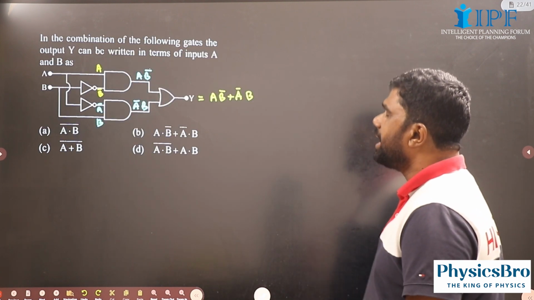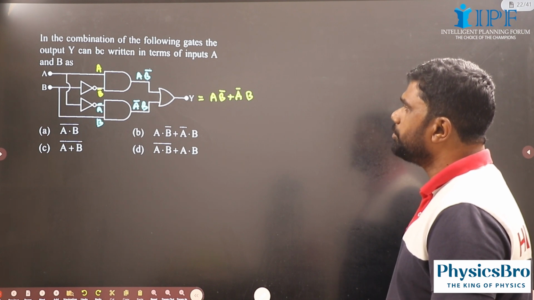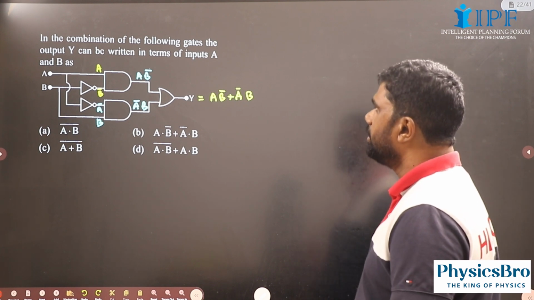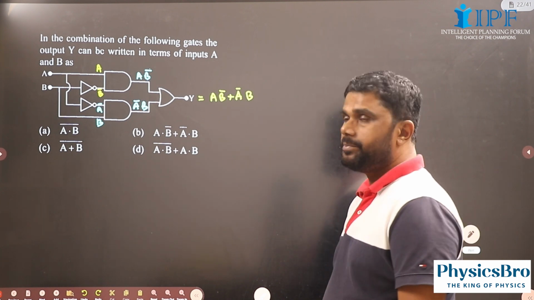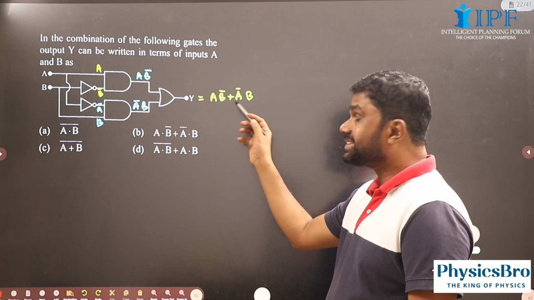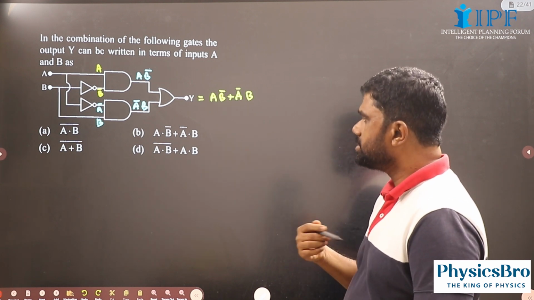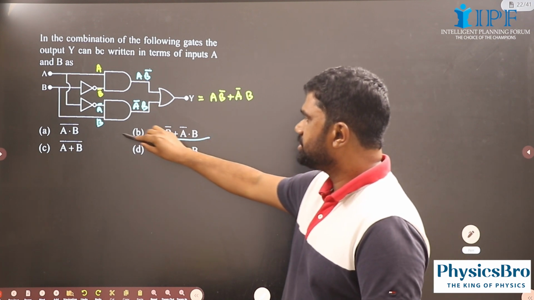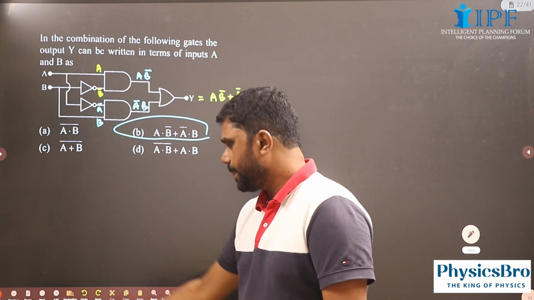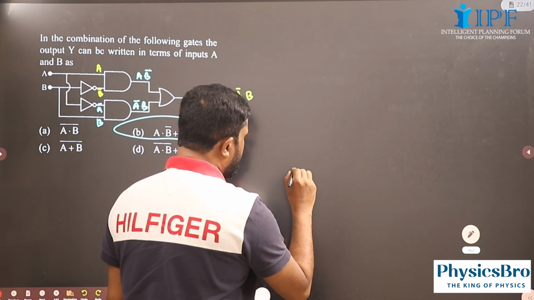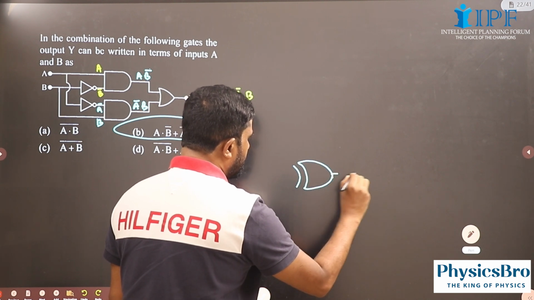Now here we have another logic circuit. In the combination of the following gates, the output Y can be written in terms of inputs. See, this is A B complement plus A complement B, and this is an exclusive OR function. There is a gate called exclusive OR gate, and its logic symbol is like this.